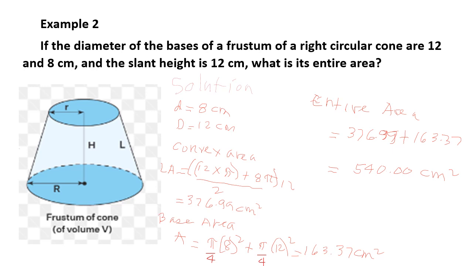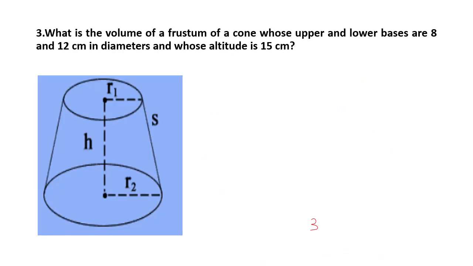So for number 3, the volume of a frustum of a cone whose upper and lower bases are 8 and 12 centimeters in diameter and whose altitude is 15 centimeters.